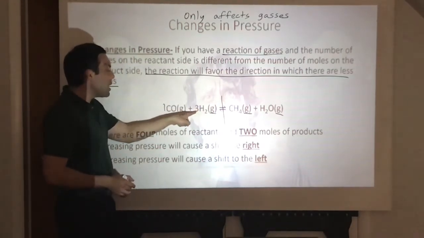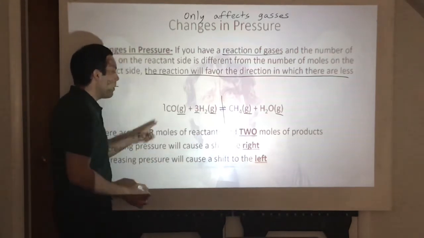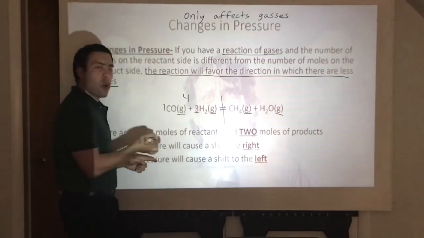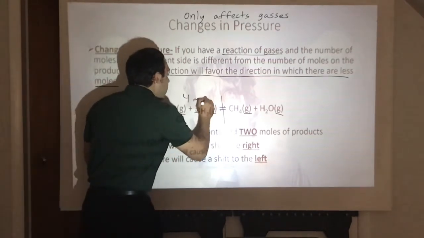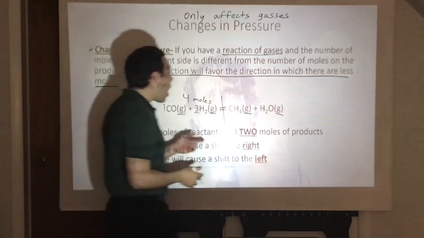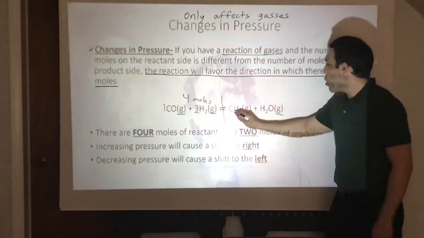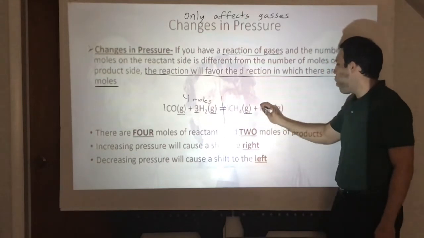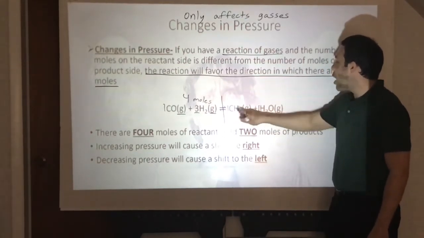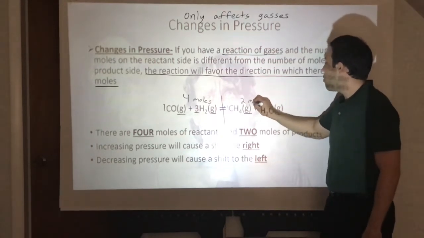H2 has the 3 as a coefficient in front of it. So 1 plus 3 is 4. So we have 4 moles on the left side, on the reactant side. On the product side, once again, no coefficient, so they have an imaginary 1 there. 1 plus 1 is 2 moles.